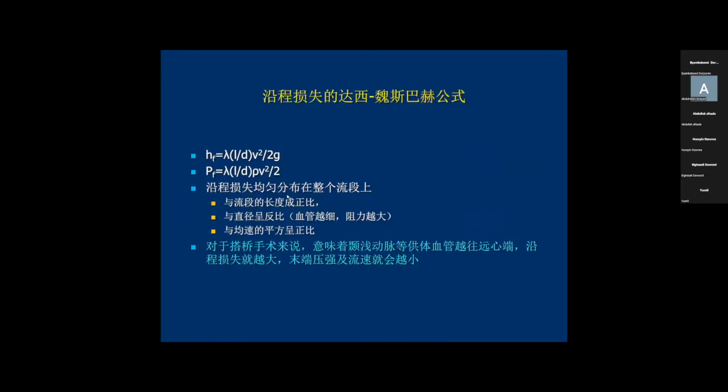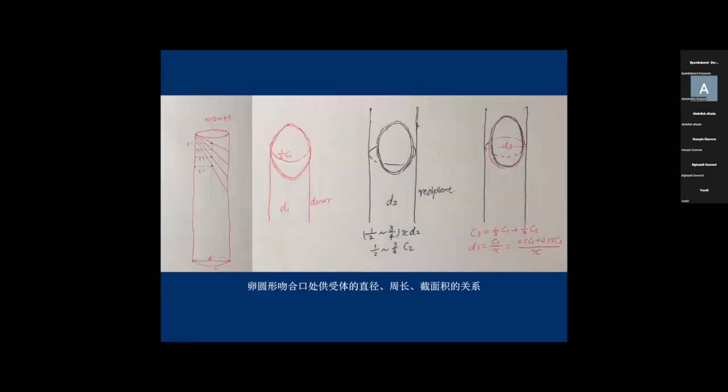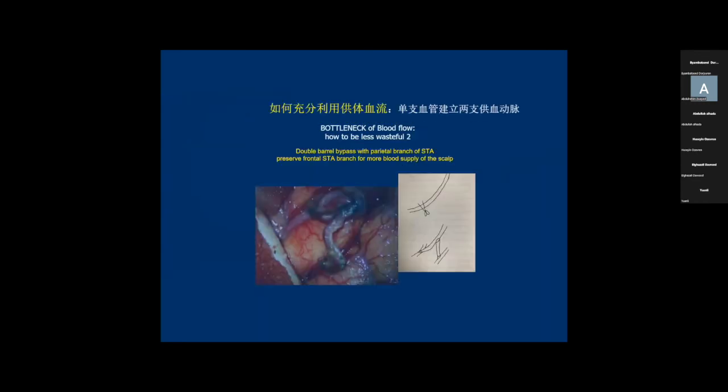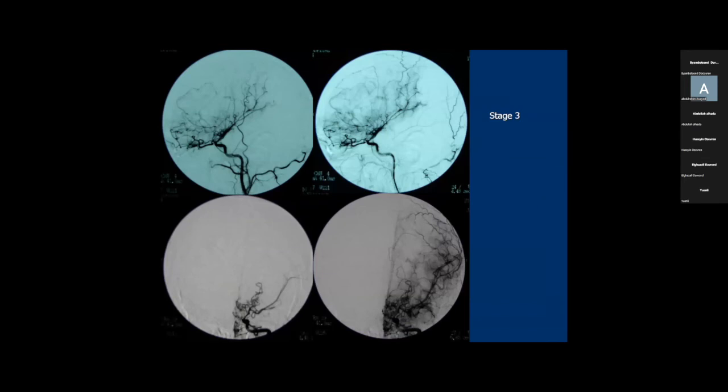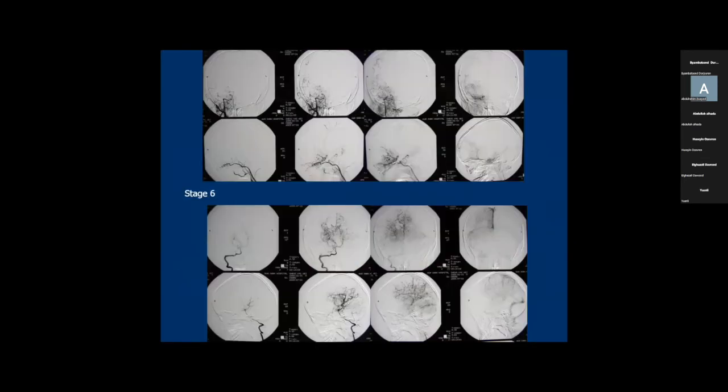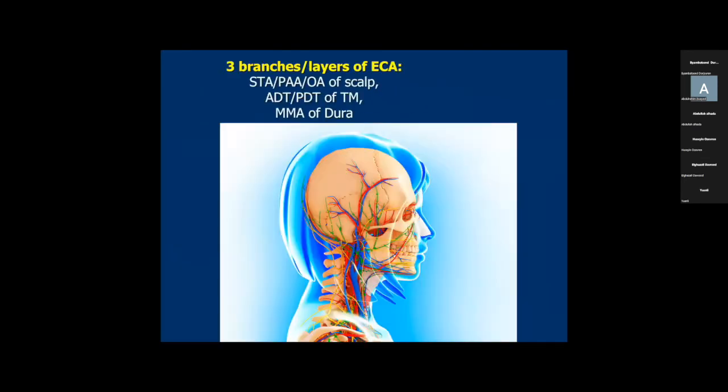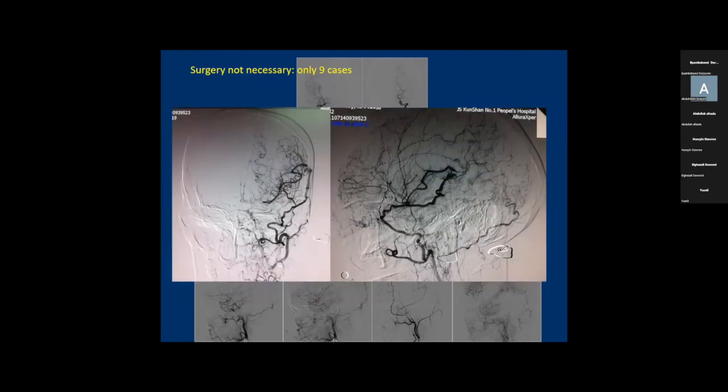So this is all my hemodynamic analysis for the Moyamoya bypass. You can see this is some spontaneous stoma from the middle meningeal artery. You can see the blood flow was abundant.